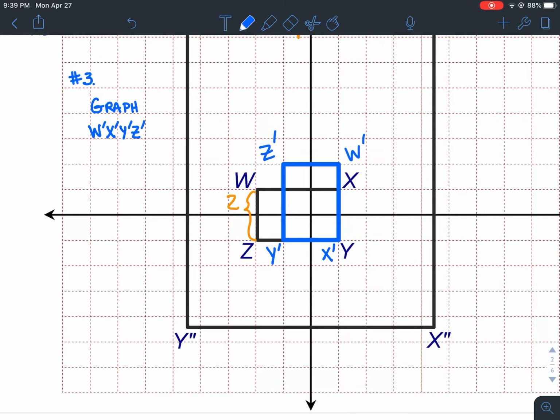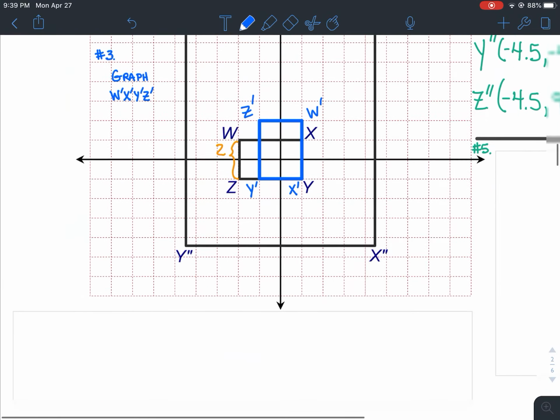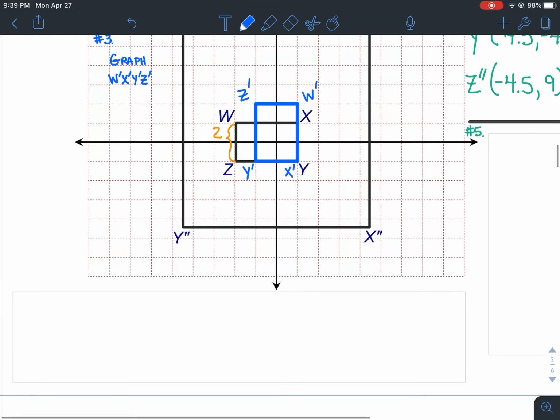Yes, X and X prime are, but W and W prime are not. Z and Z prime are not directly across from one another. Therefore, it could not be a reflection. It's not an opposite orientation. It is a different orientation. And if it's a different orientation, we know that a rotation has occurred.